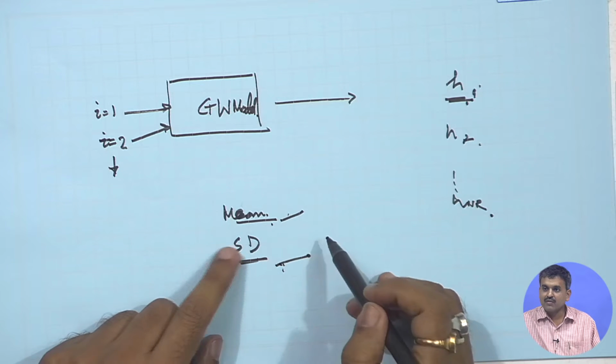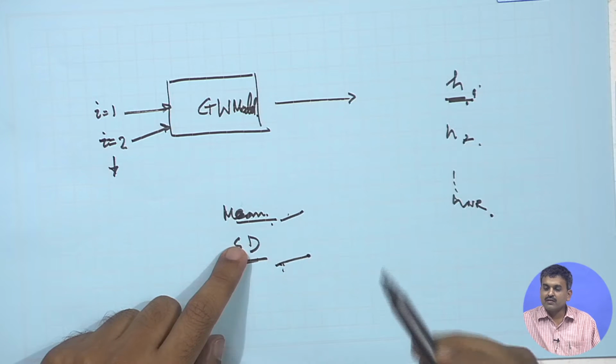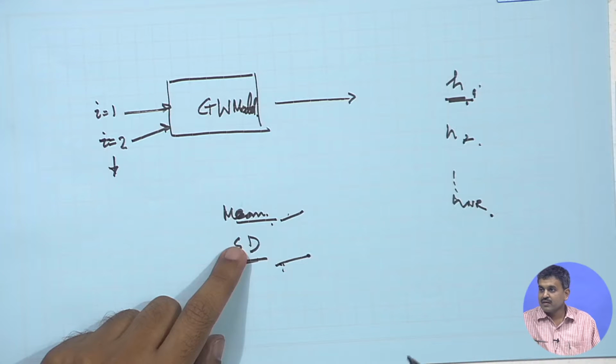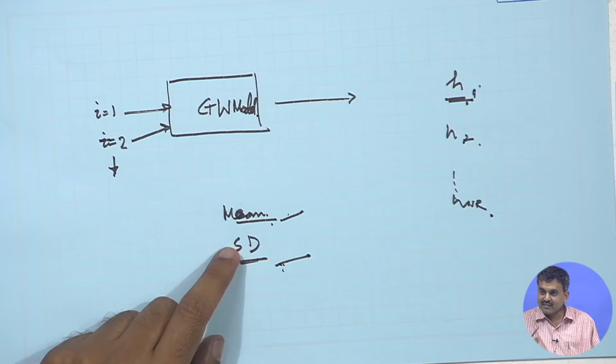Okay. Now, we will start adding random fields one by one. Okay. So, if you add another random field, what is the change in the mean and standard deviation value?